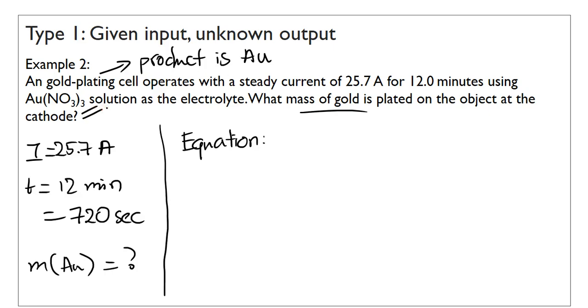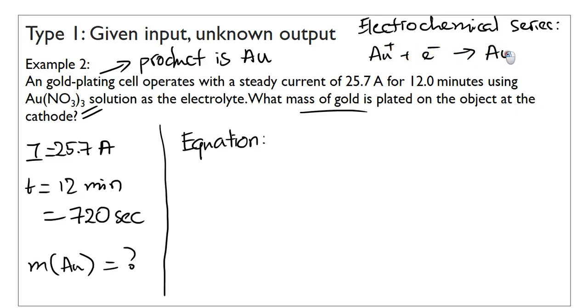If you look at the electrochemical series, you're going to see this equation for gold. The equation for gold is Au+ plus electrons going to Au. This is from the electrochemical series, but you cannot use this equation for this question because the gold ion that you have in your electrolyte does not have a charge of 1 plus in this question.